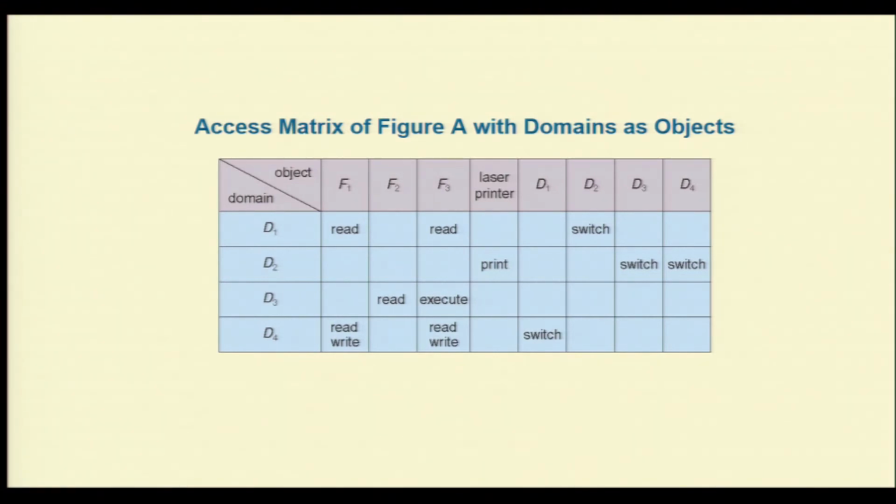So, for accessing a particular printer, we should understand that there is a need for moving from one domain to other domain. We should be able to switch from D4 to D1. There is a switch. The user is not statically fixed to any domain where the resources are there. So, what we do is have an access matrix.